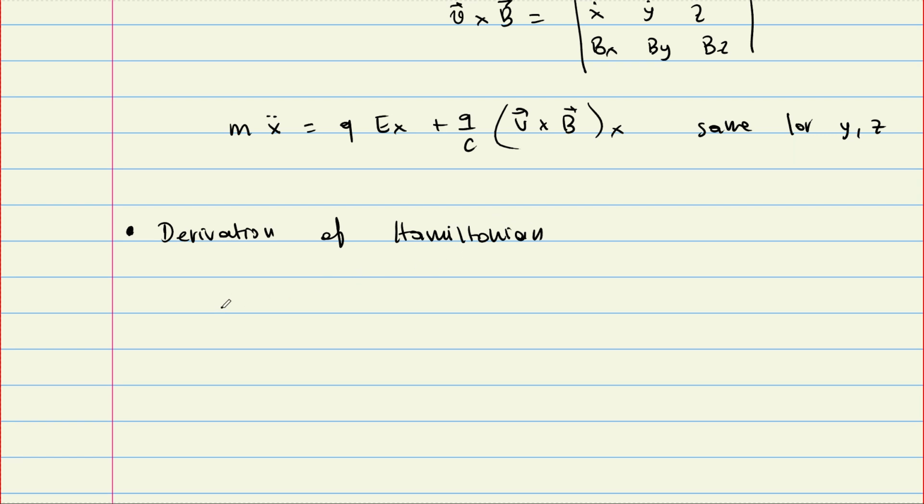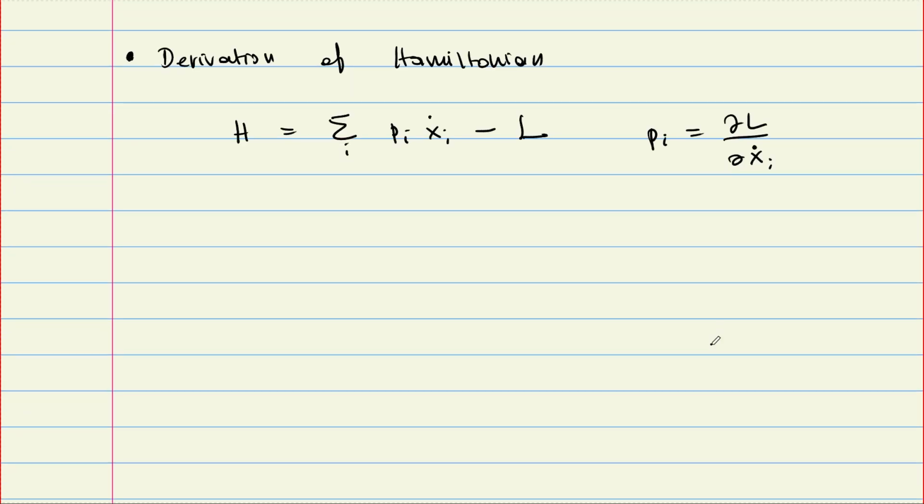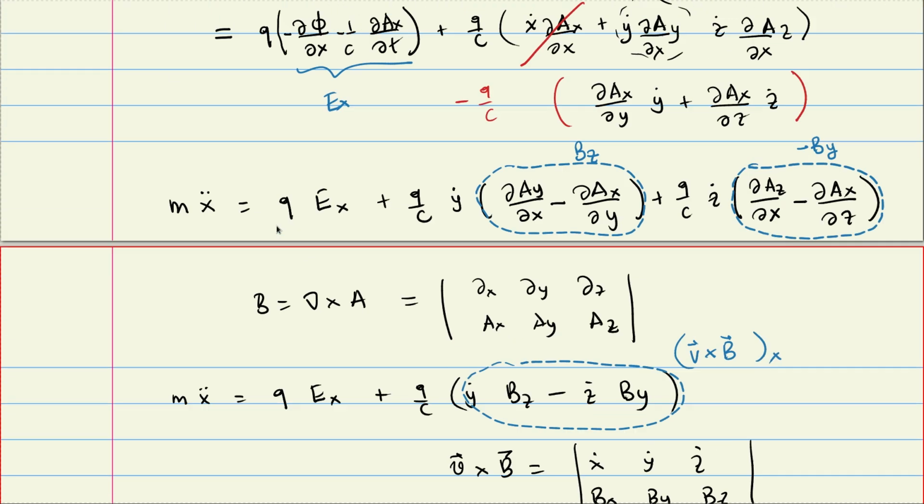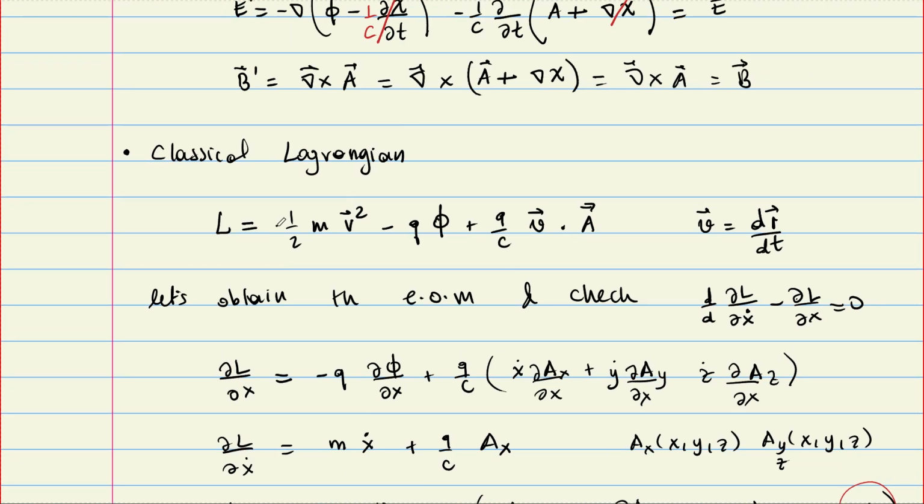And for that, the Hamiltonian H is equal to the sum over all i of p i x i dot minus the Lagrangian, and p i is given by del Lagrangian del x i dot. So let's calculate p x. So p x is equal to, so the Lagrangian, let's copy here to see.